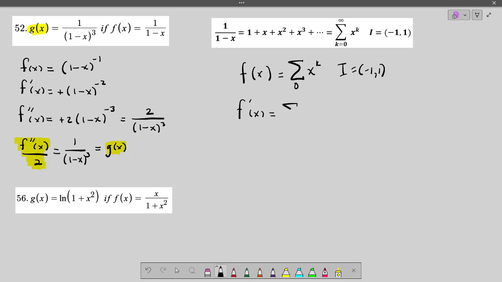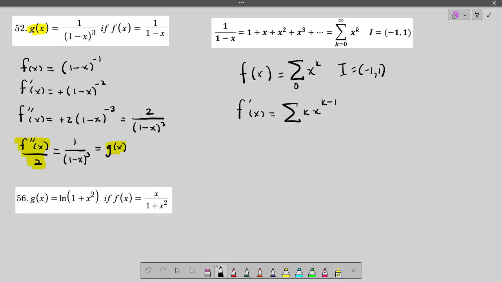So we come in here, we're going to differentiate, so we bring down the power, subtract 1 from the exponent. And we have a little subtlety with the index here. We've got to be careful. Do the k values start at 0 still, or do they start at 1?